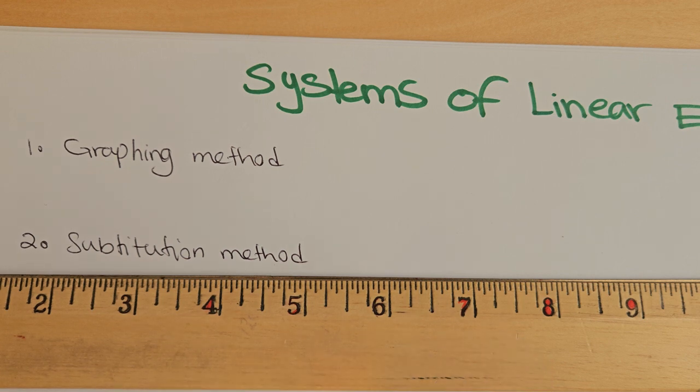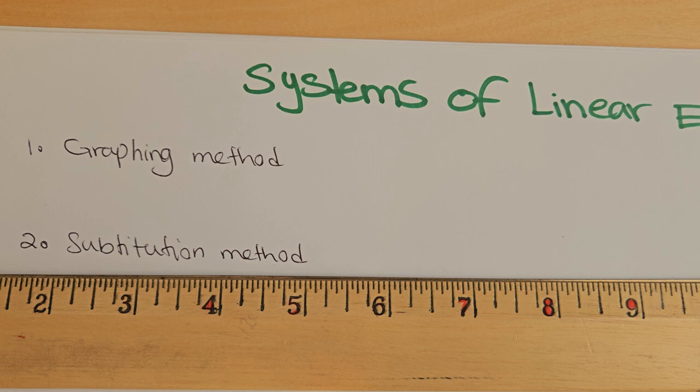The second method which we can use is the substitution method. Remember, we have two variables, x and y. First we solve one linear equation, let's say for y in terms of x. Then we substitute that expression for y in the other linear equation. Then we have one equation in terms of x.